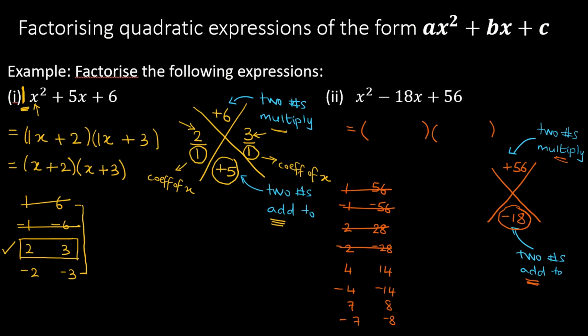Still no. 4 and 14 when you add gives positive 18. It is close, but still no. What about negative 4, negative 14? When you add, it gives negative 18 as required. So this is our combination here. We have to select negative 4 and negative 14. Right?